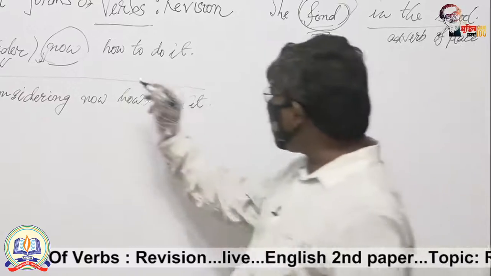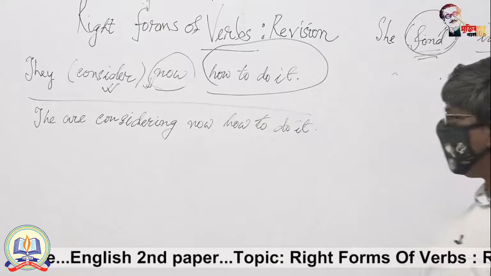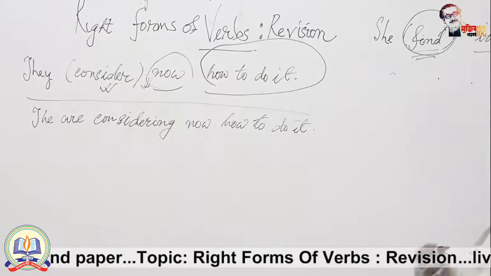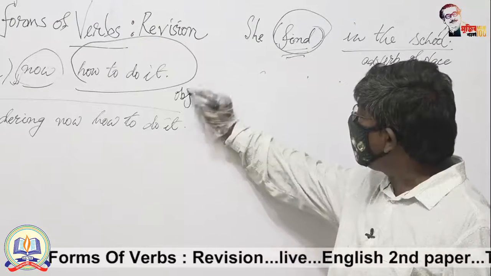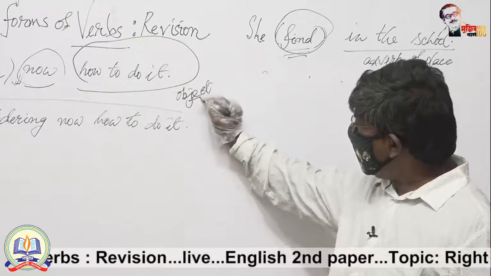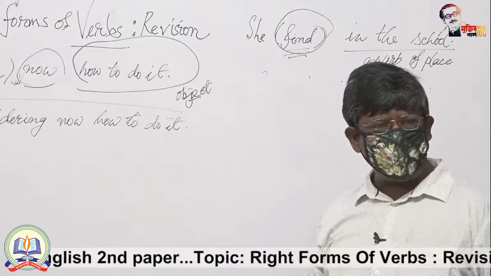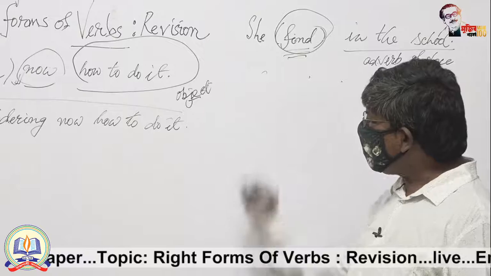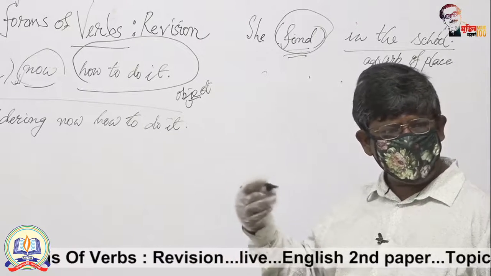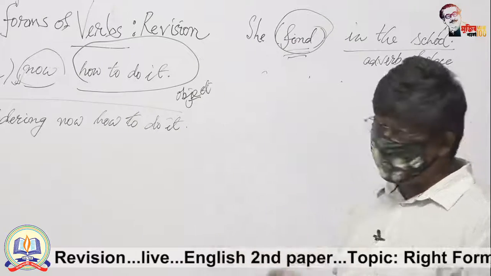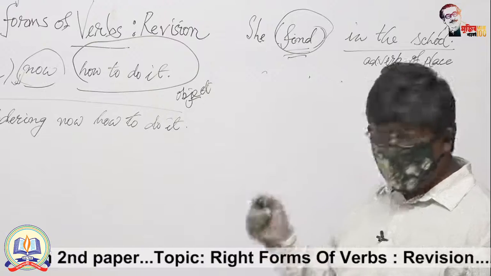Yet we will consider this adverbial clause, how to do it, as the object of the verb consider. Sometimes how to do, what to do, where to go, how to swim are considered the object of verbs like consider, think, know, etc.